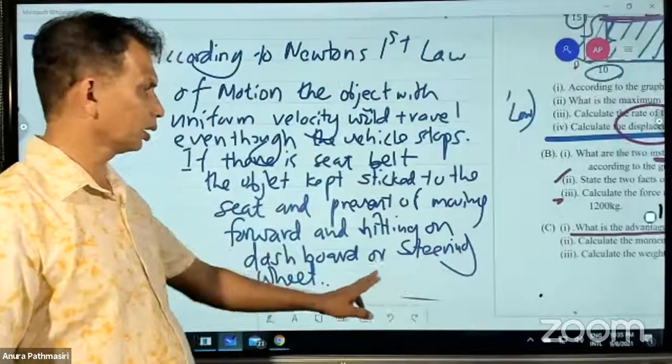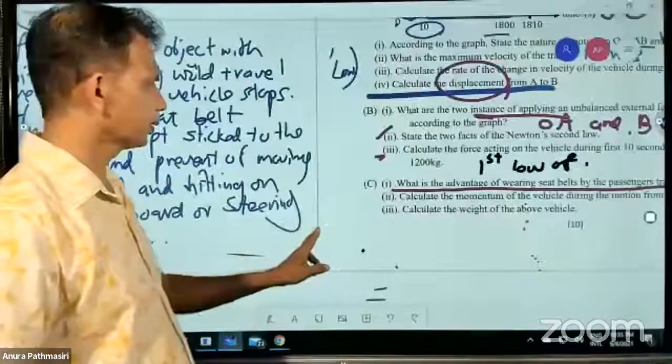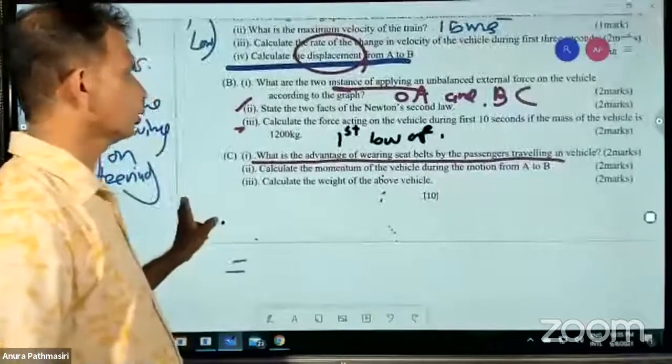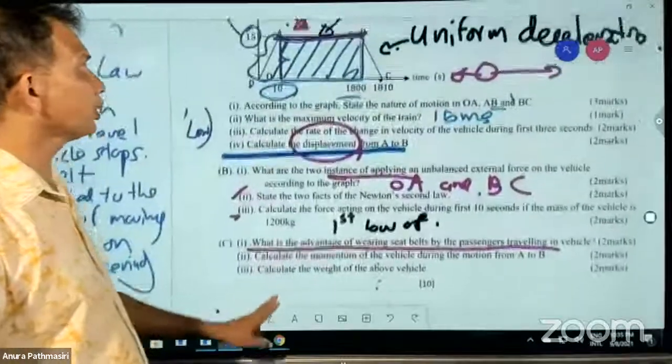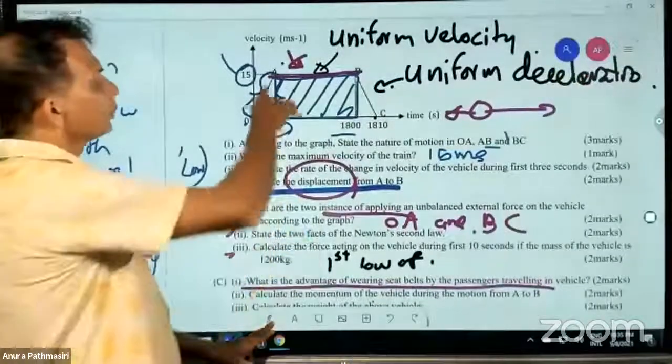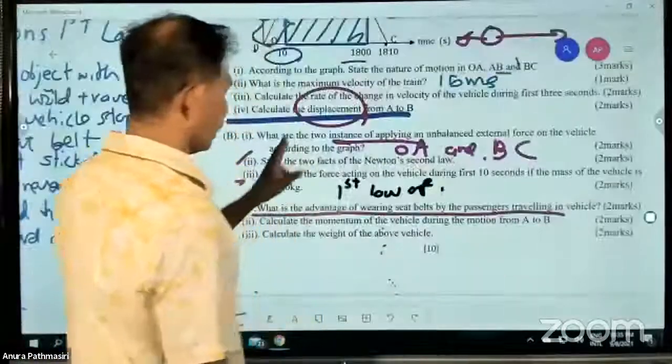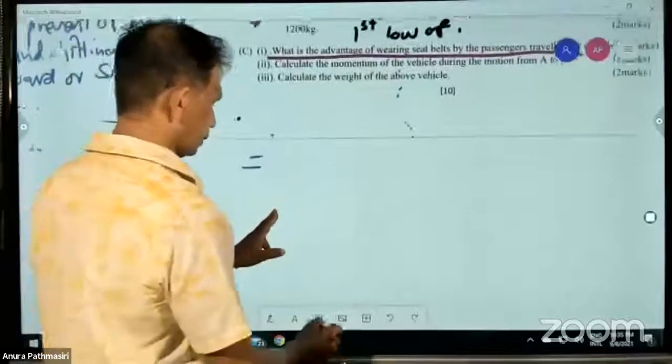And my last part: calculate the momentum of the vehicle during the motion from A to B. Momentum is equal to m v. It's pretty easy.